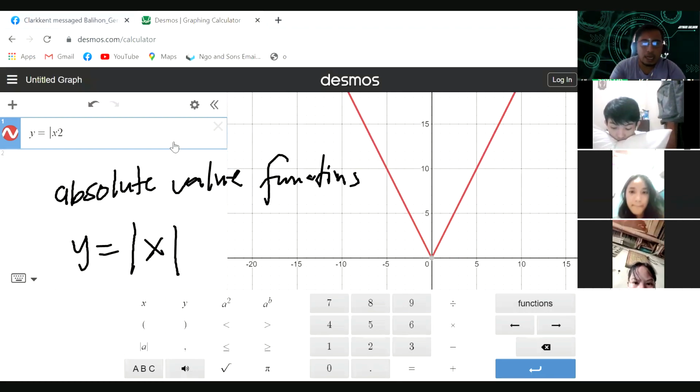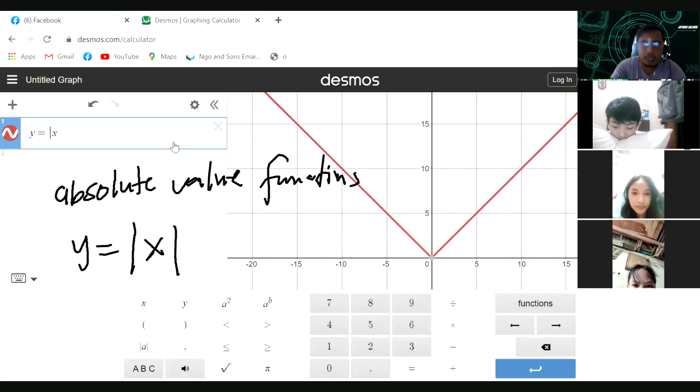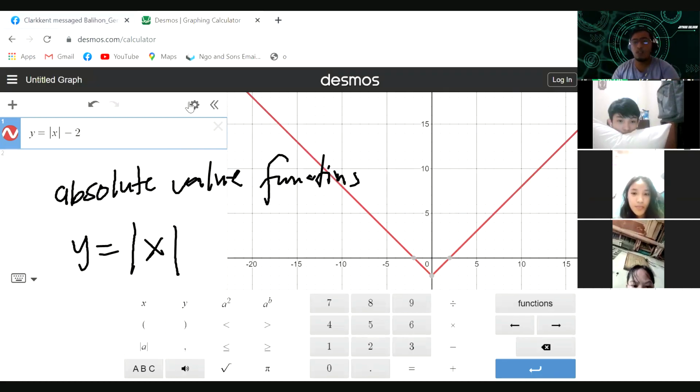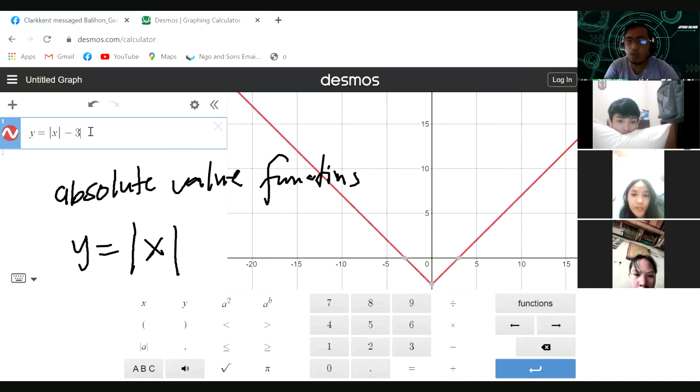And if you add something outside the absolute value, for example plus 2, it moves up. The same form but moved up. But if that is negative, it moves down 2 units. And if you make it 3, it shifts 3 units down.